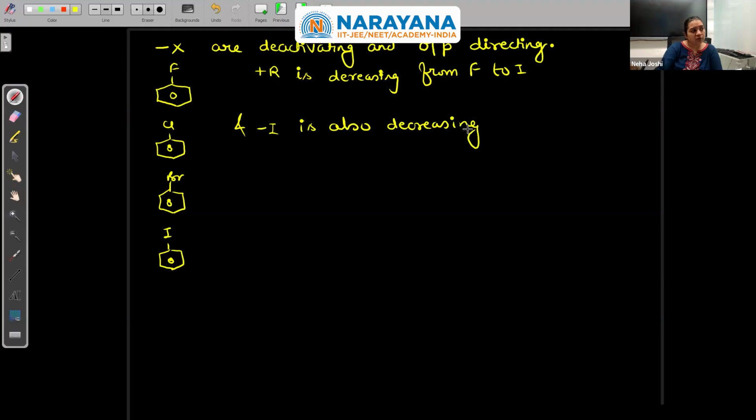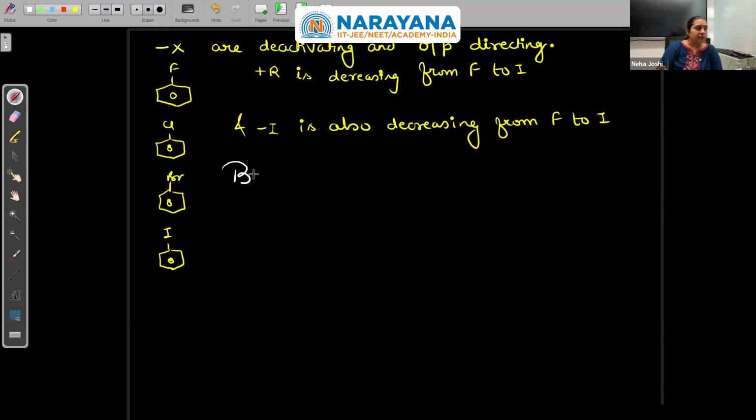Please be very careful. This is important. It is also decreasing from fluorine to iodine. Now the point is, if both factors are decreasing, plus R is supporting the ES and minus I is opposing the ES. It is like decreasing the effect.